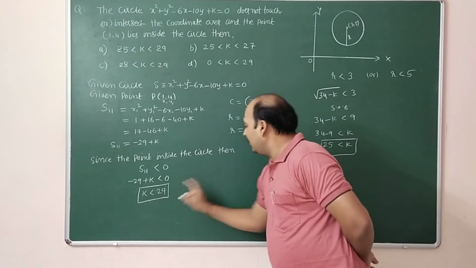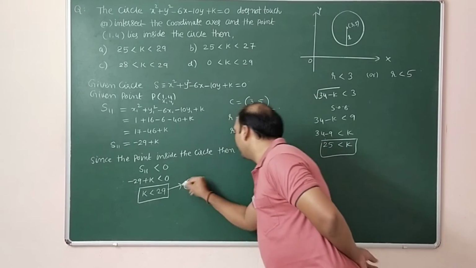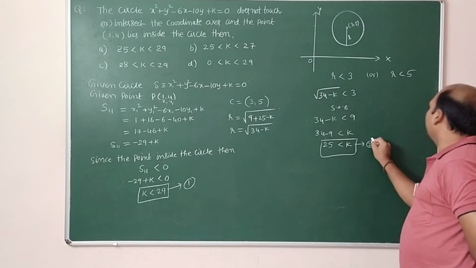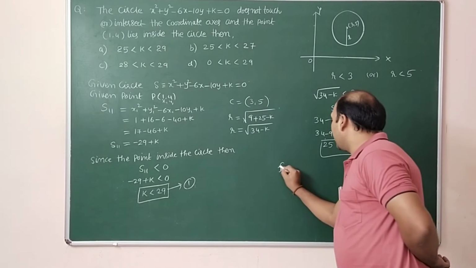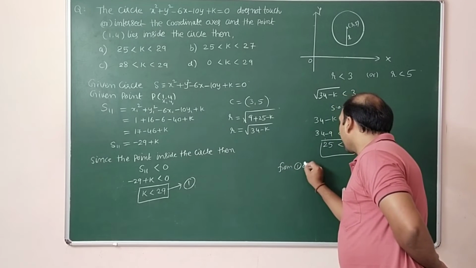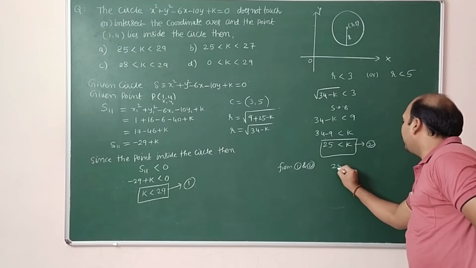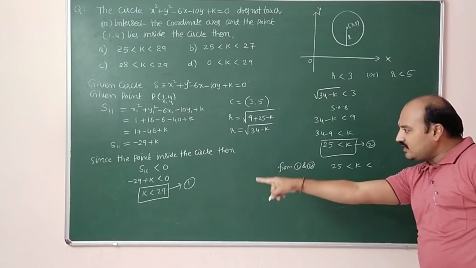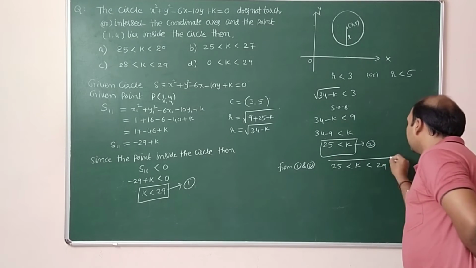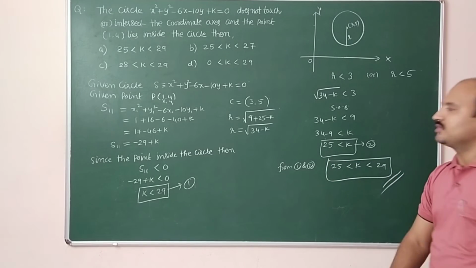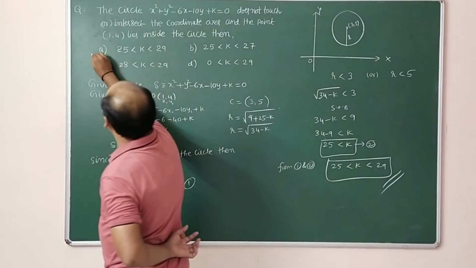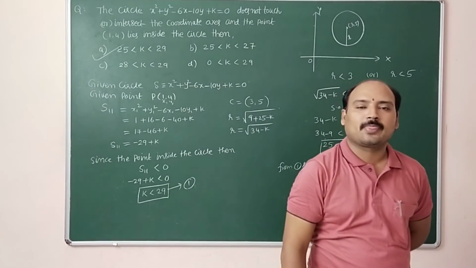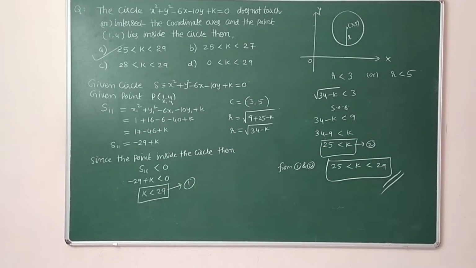So from 1 and 2, even no need to go for this because we already got the condition. From 1 and 2, 25 is less than k is less than 29. So this is the right option, which is there in the first option. We will move to the next question now.